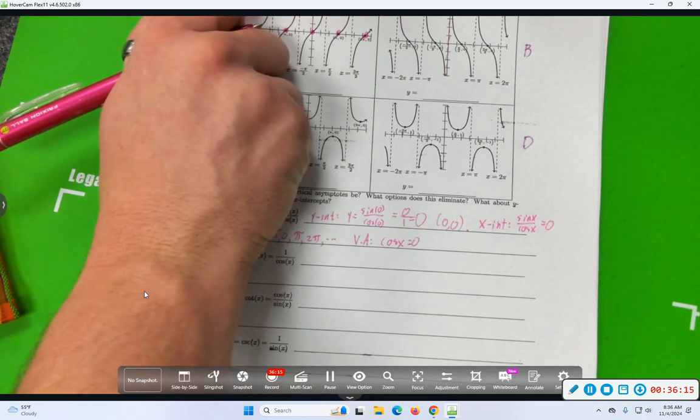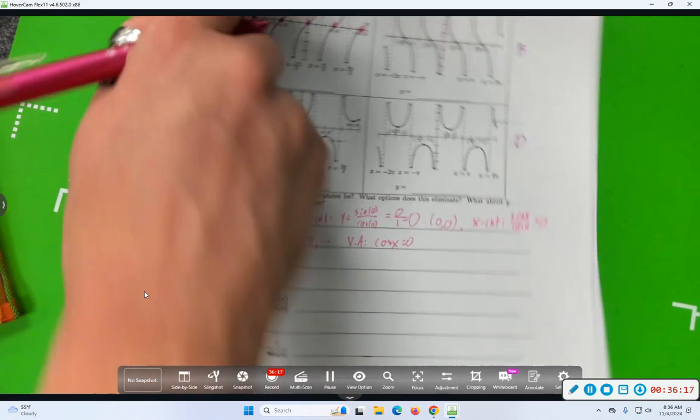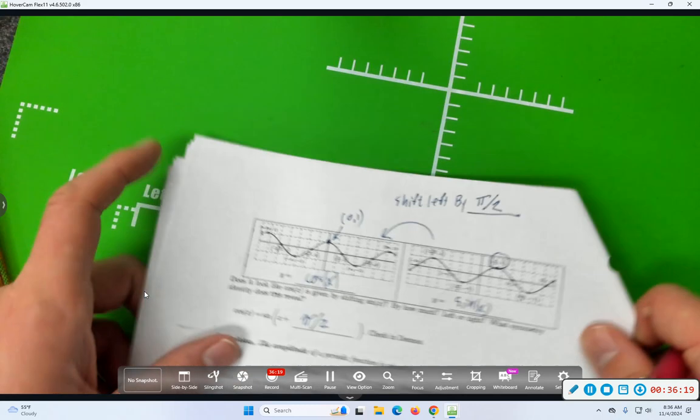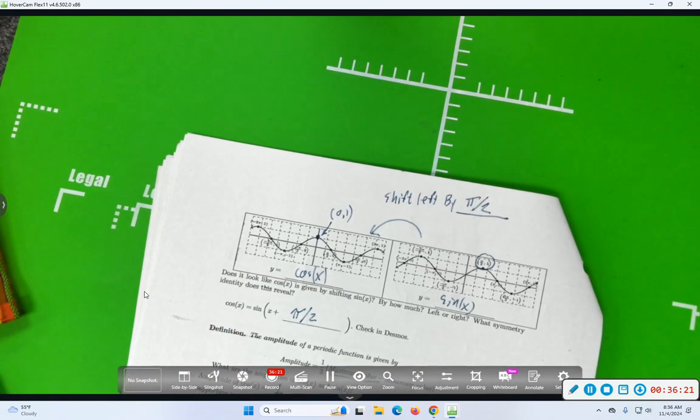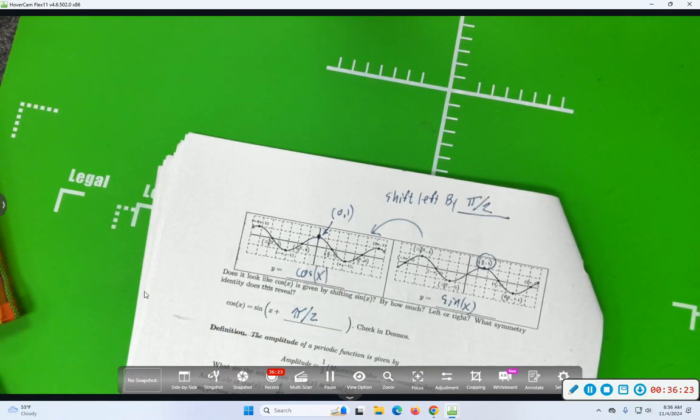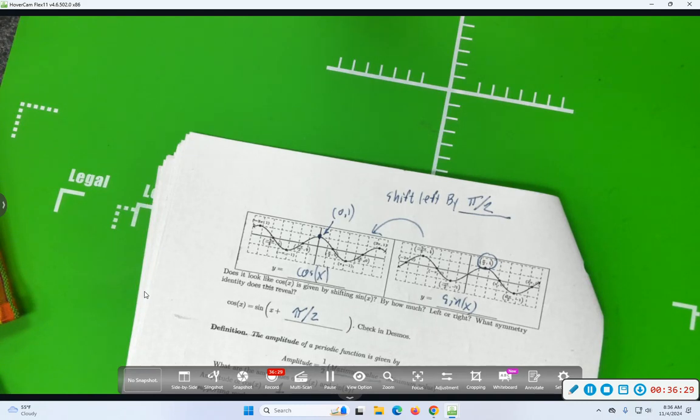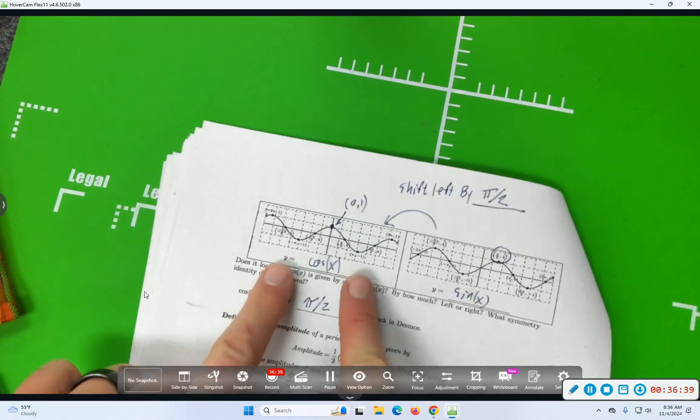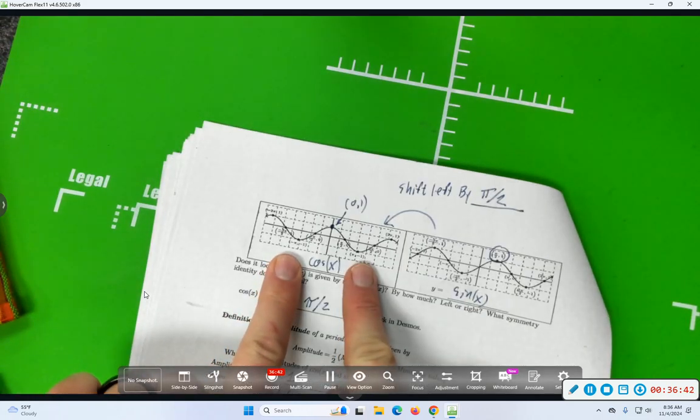Because we could use the unit circle, but I just want to use the other mindset. There's a graph of cosine of x. What x values do you see that result in cosine being 0? So where on this graph do you see a y value of 0?